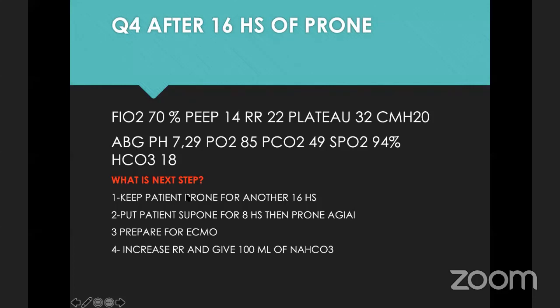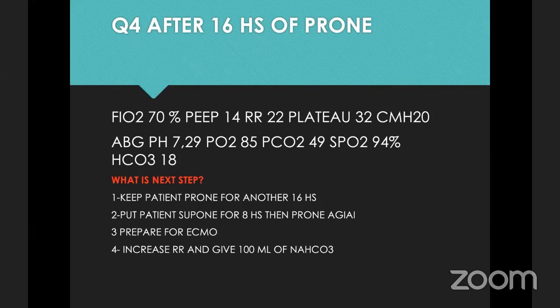So what is next? This is the same patient, we put him in the prone position. So keep the patient prone for another 16 hours, or put the patient supine for 8 hours and then prone him again, or prepare him for ECMO.